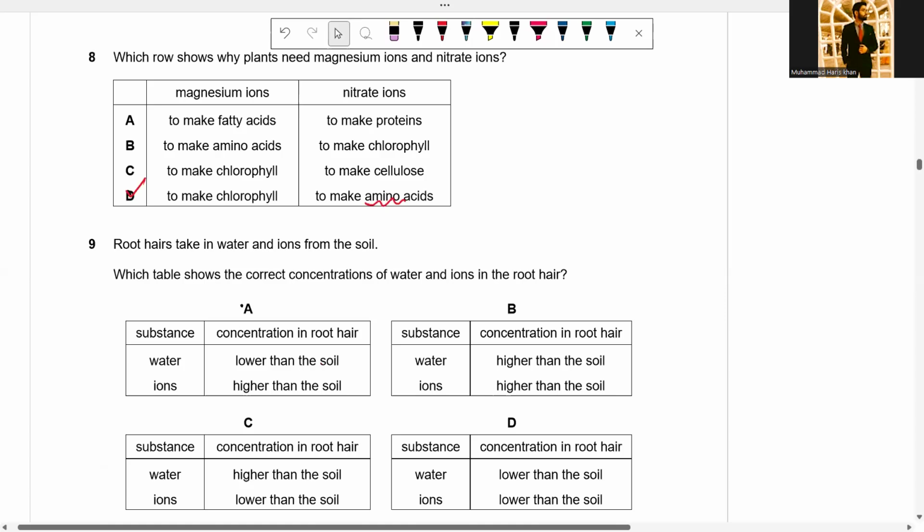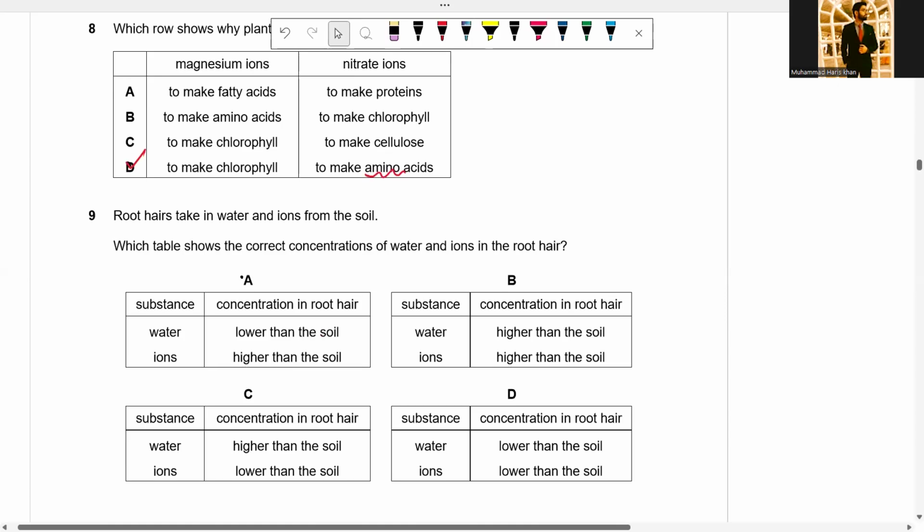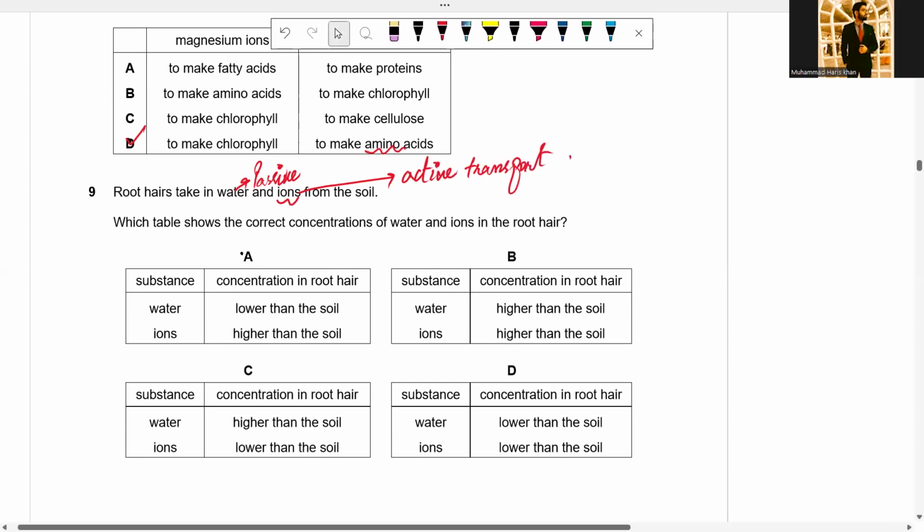Question number 9. Root hairs take in water and ions from the soil. One thing to keep in mind, movement of water is always passive. It means it always moves from high concentration to low concentration of water. And ions move by active transport. Which table shows the correct concentration of water and ions in the root hairs?